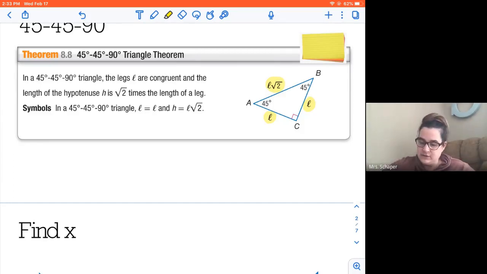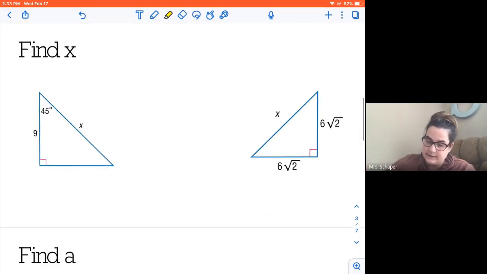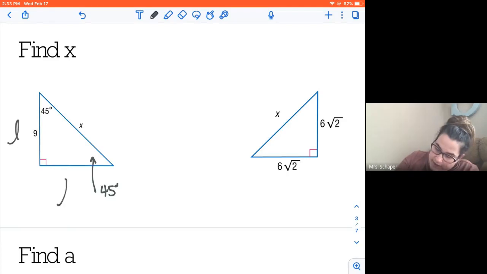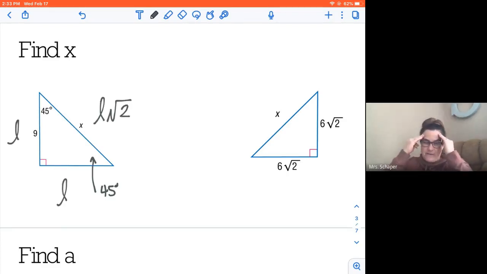So we want to find X, okay? In this triangle, this is also going to be 45 degrees. So I have my legs, and I always like to write these on the outside of the triangle, because it just helps me stay focused: L, and L square roots of 2, or X, and X square roots of 2.